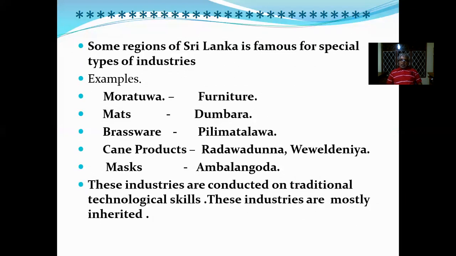These industries are conducted on traditional technological skills because actually those people engaged in these industries are very clever people. Actually, you and I can't do this, especially masks, Ambalangoda. You go there, you find how clever they are. Then cane products in Radhavaduna, Weweldeniya, same.